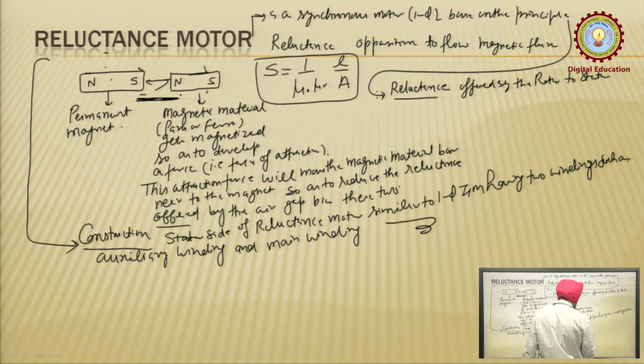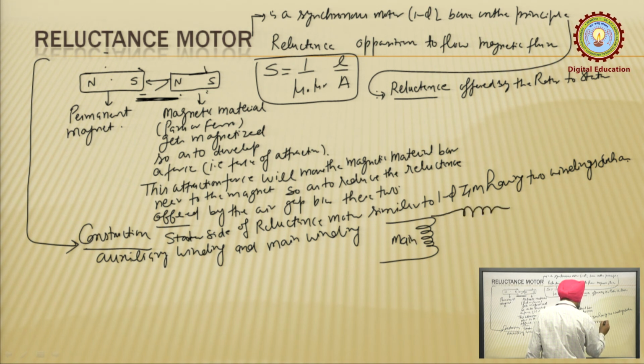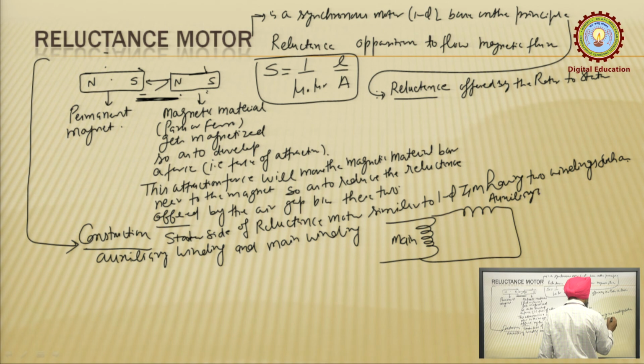Suppose this is our stator winding and this one is the main winding, and in parallel to this is the auxiliary winding.